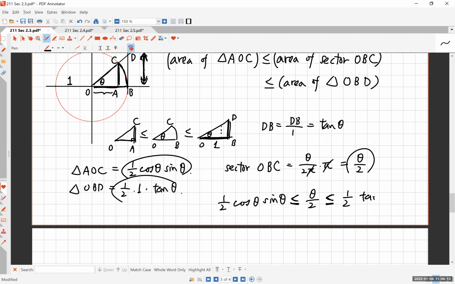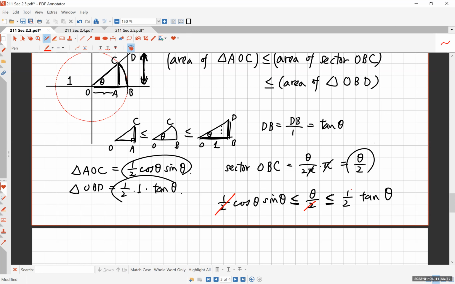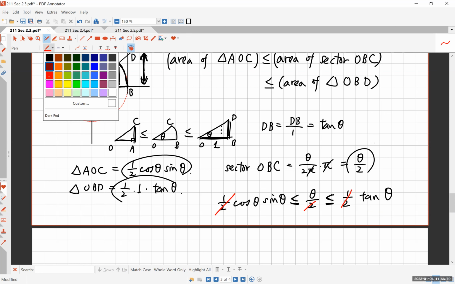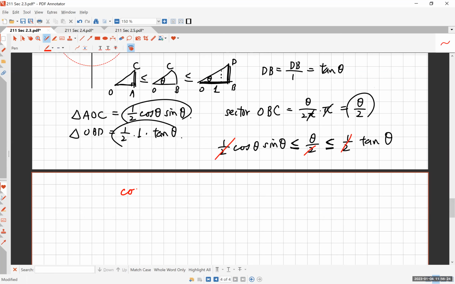All right, so this is what I get. 1/2 is a positive number. I can just get rid of that, okay? And so what we have here on the next page is cosine theta, sine theta, less than or equal to theta, less than or equal to tangent theta.